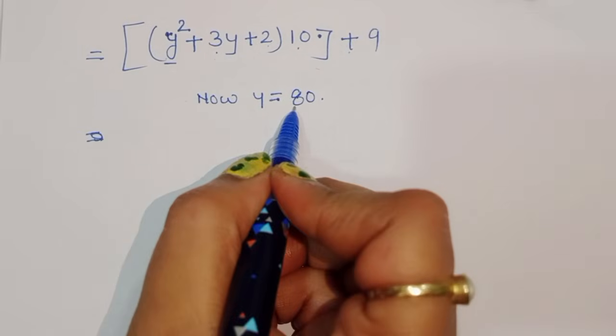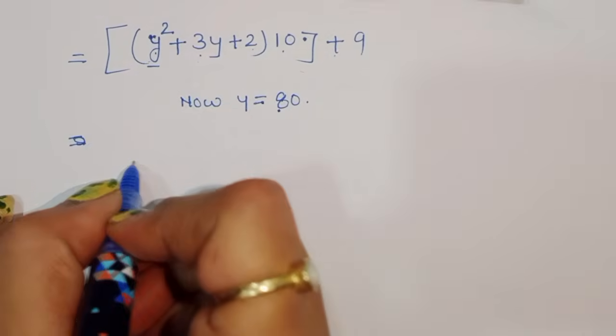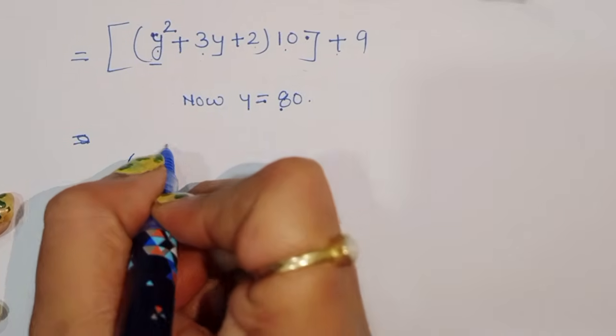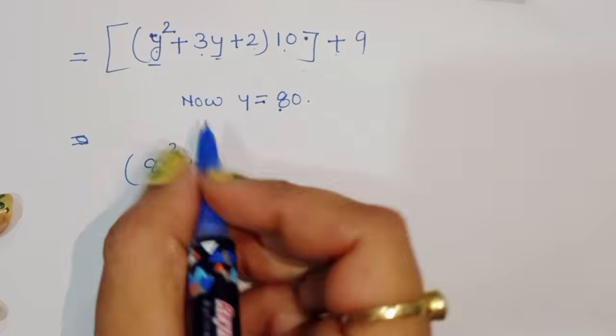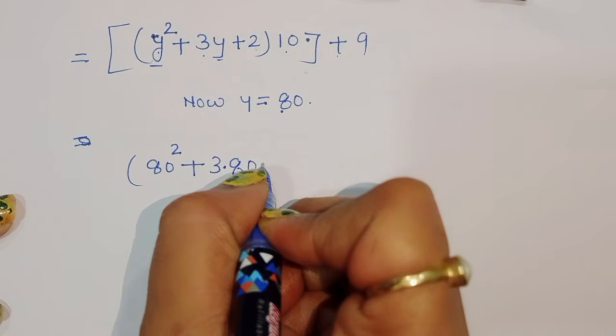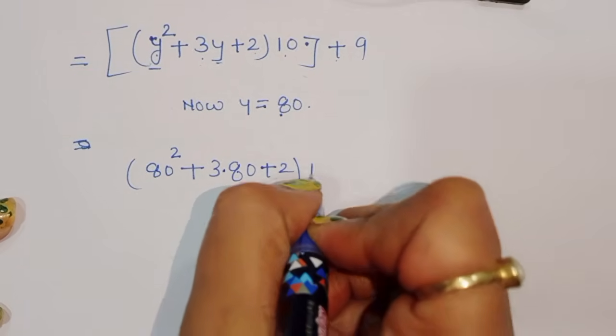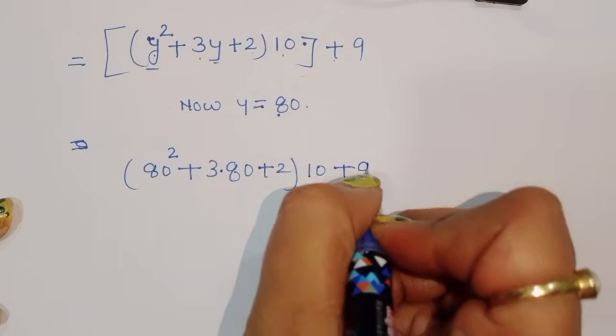Now we substitute this value here: 80 square plus 3 times 80, plus 2, times 10 plus 9.